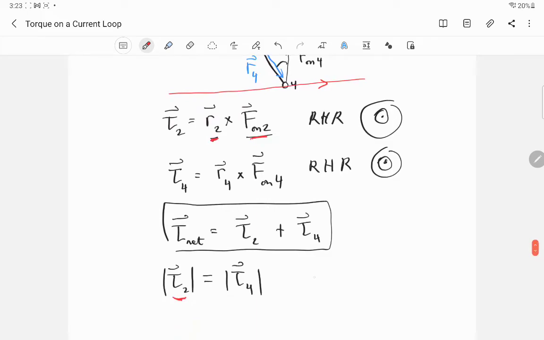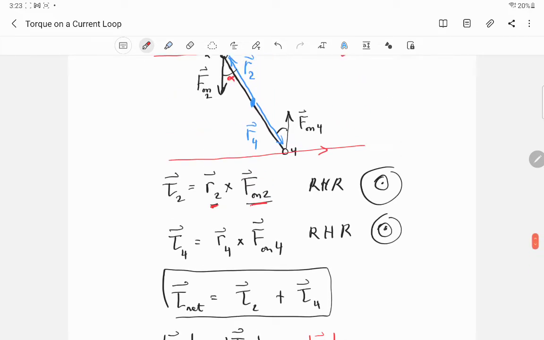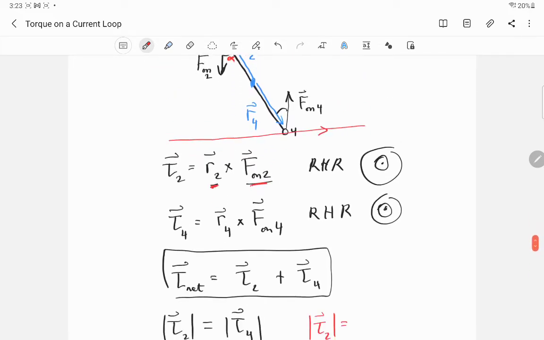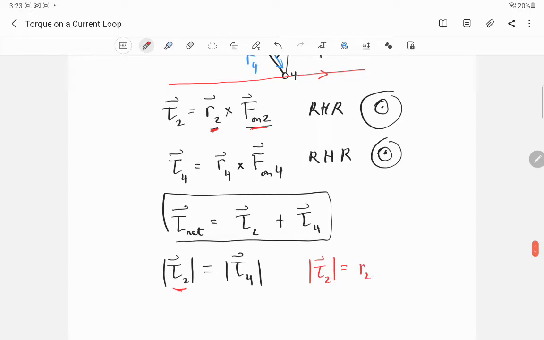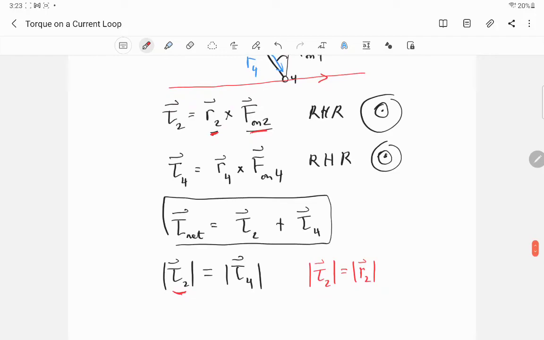When I calculate the torque number 2, if I want to know its magnitude, what I'll do is I need the magnitude of R2, right? So I need the magnitude of that vector, R2.